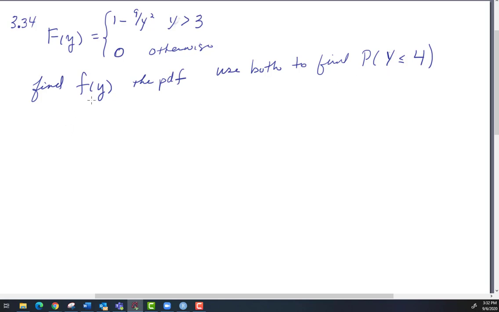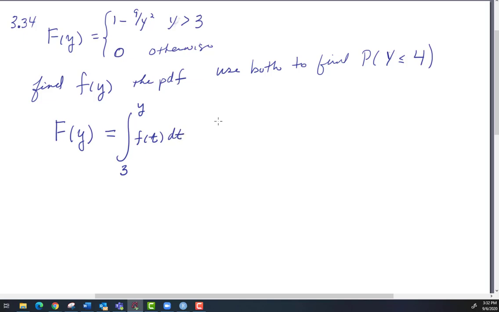So how do we find f of y? That seems like it might be rather daunting, but it's not really. So what we have to do is say, okay, F of y, uppercase F now, the distribution function, by definition, would be the integral from 3 to y of the PDF, lowercase f of t dt.